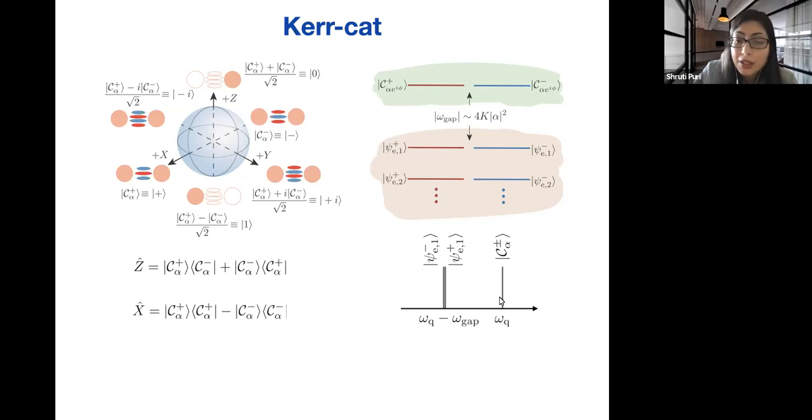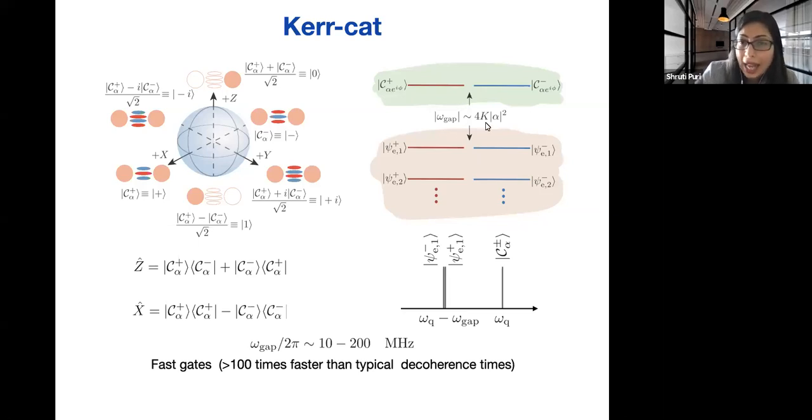So if you do spectroscopy in this case, you will see that the spectroscopy compared to the transmon has changed. You still get one line corresponding to the C plus, C minus transitions, but now the lines for the excitations to the other states start overlapping with each other, which tells you that these states have become degenerate.